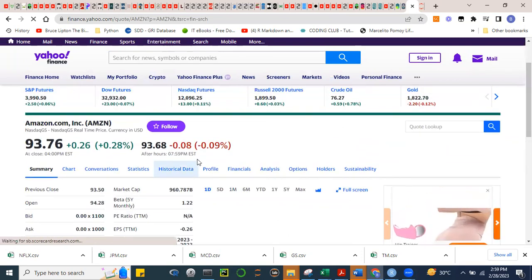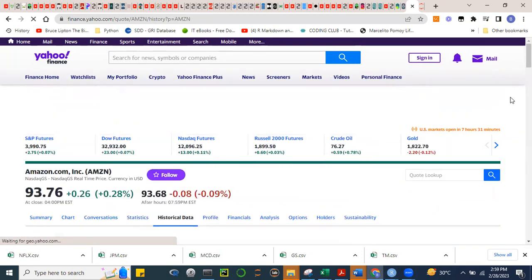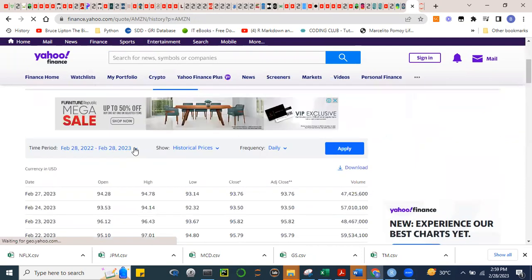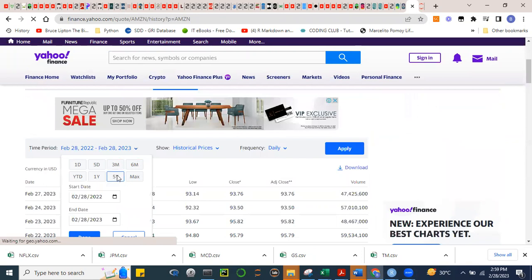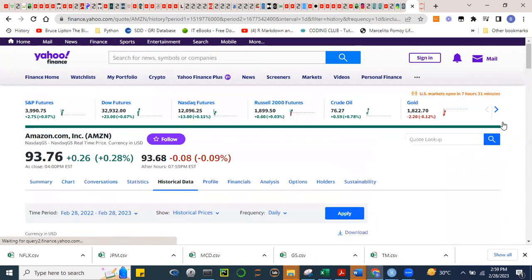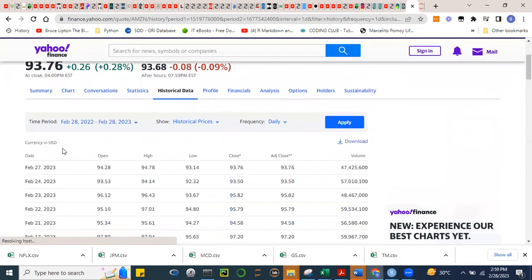Historical data. Let's get 5-year data daily. 5 years. Historical data. Apply natin. And then check. Oops, bakit hindi na rin? February 22.